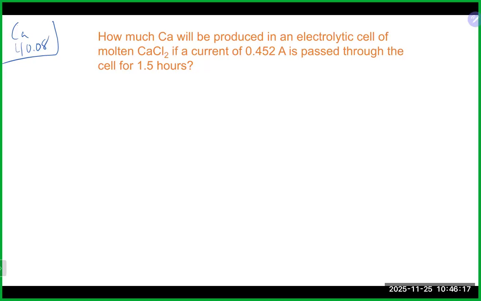Okay, so we're doing electrolysis cells. As we've been talking about, sometimes when people are trying to figure out anode and cathode, we'll get things backwards. In this case, we're actually breaking this compound apart back into its elements. The calcium is going from +2 to 0, and the chloride is going from -1 to 0.